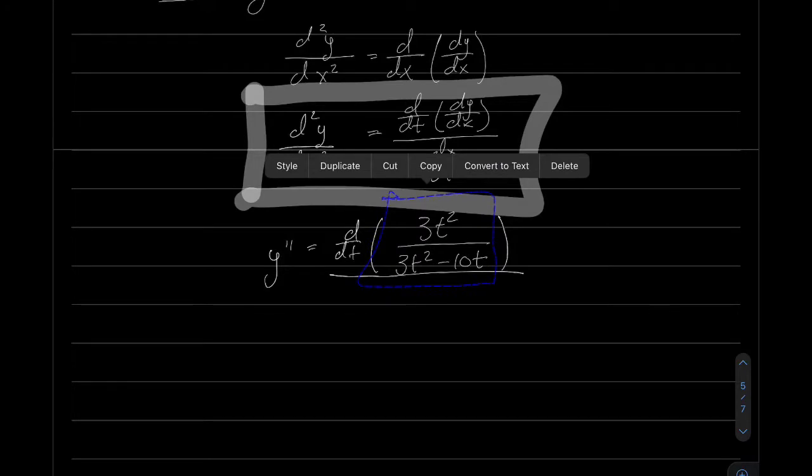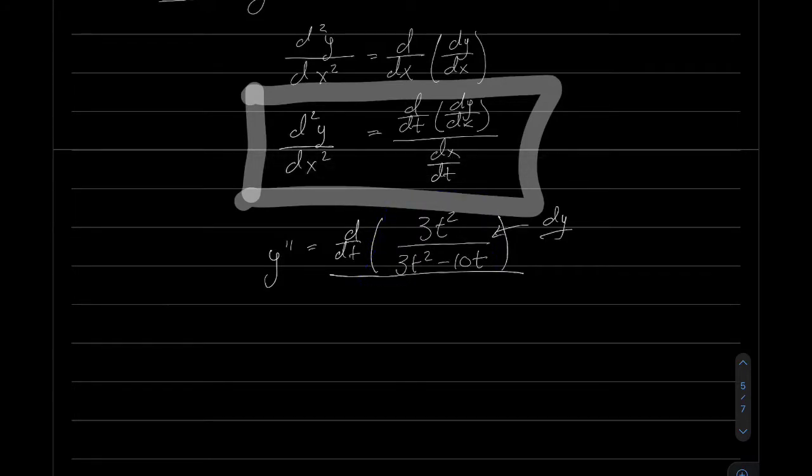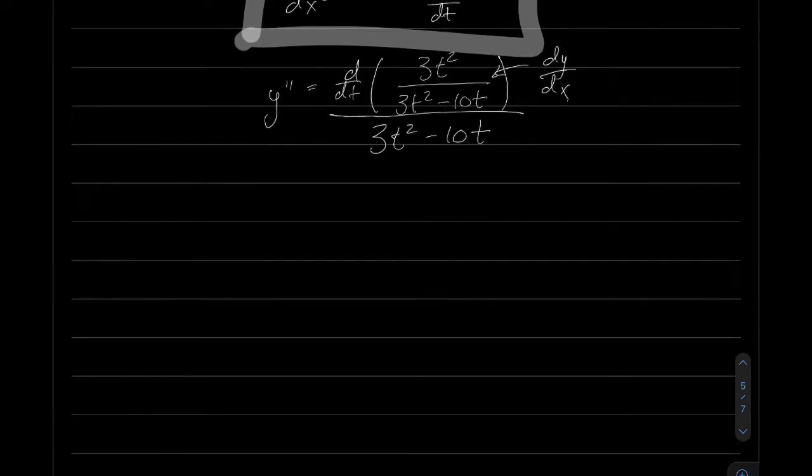This is dy/dx. And then dx/dt is just going to be 3t squared minus 10t. So we're going to have to use the quotient rule for the numerator. We don't really have to touch the denominator yet.